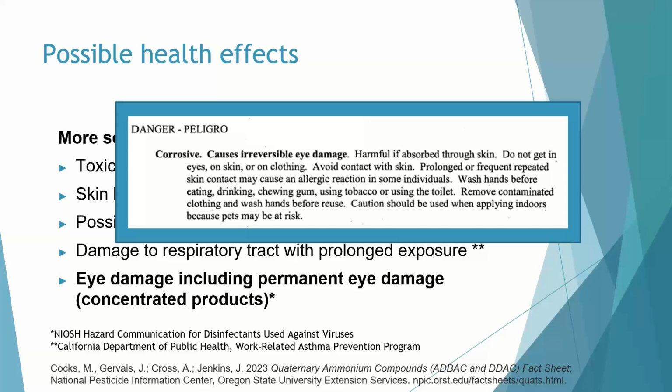And in this case, the concentrated chemical makes it corrosive. And if you were to get it into the eyes, it could cause irreversible eye damage. So that's definitely something, especially for whoever is mixing that concentrate before it becomes diluted, would want to know about. Next slide.